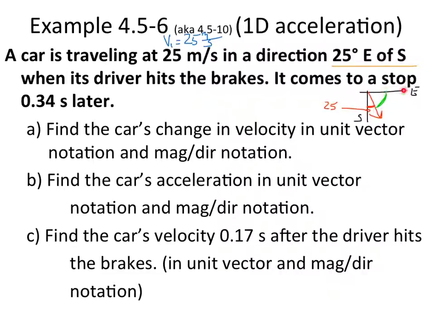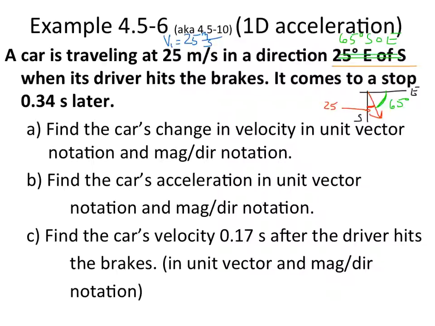So if this whole thing, east and south, make a 90-degree angle, and that's 25, then we can conclude that that angle south of east is going to be 65 degrees. 65 degrees in there, all right? So let's go ahead and change that. Instead of 25 degrees east of south, we're going to say 65 degrees south of east, and then we have it based off of our horizontal, and we don't need to worry about our trig functions being all messed up, okay?